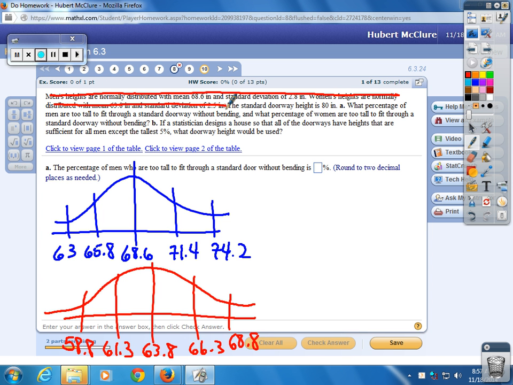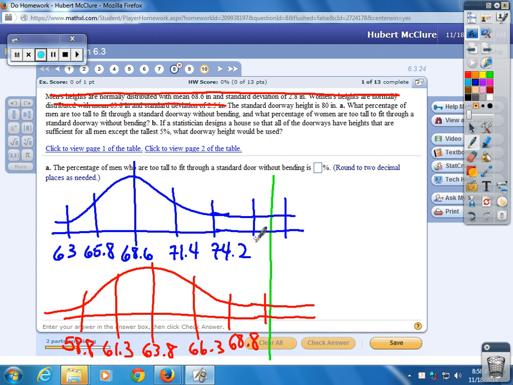All right, the standard doorway height is what? 80 inches. So you're going to take a handy dandy green marker and plot 80, which is way over here. And just for giggles, go ahead and give me that third standard deviation on the women and the third standard deviation on the men.